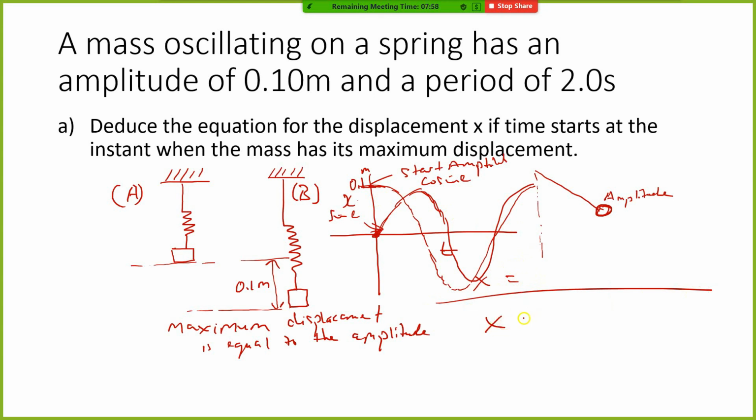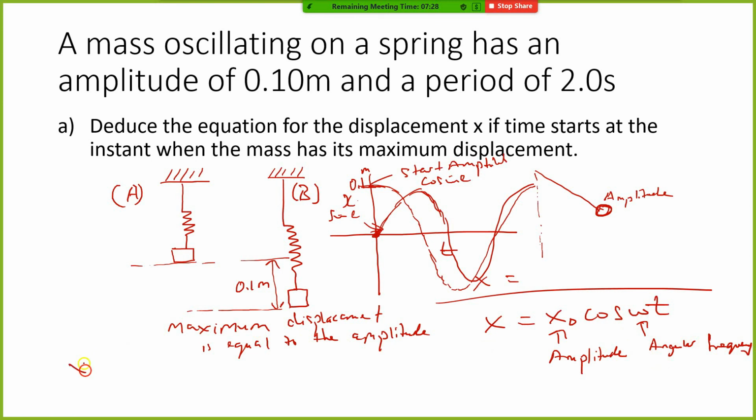The equation that we need here is going to be as such. x is equal to x naught times cosine of omega t. Now x naught is the amplitude, right? Omega, as you would know, is the angular frequency, right?